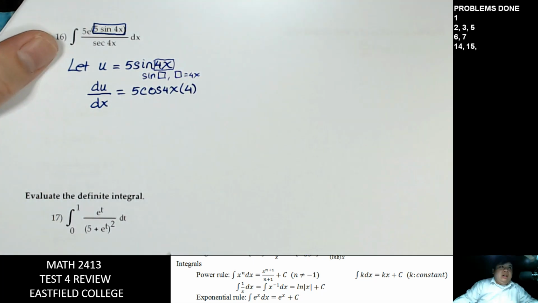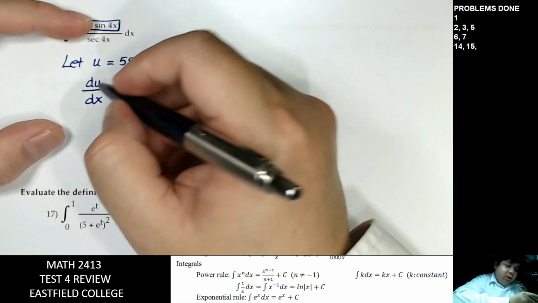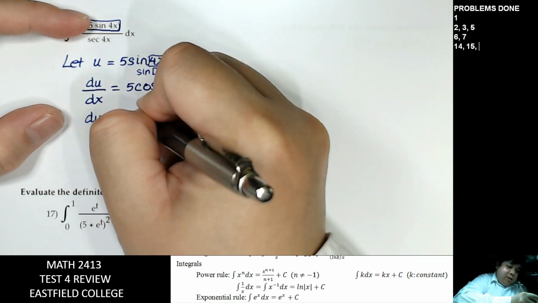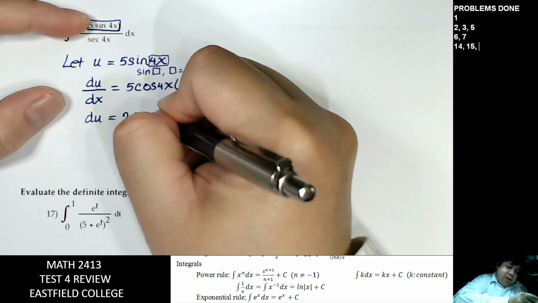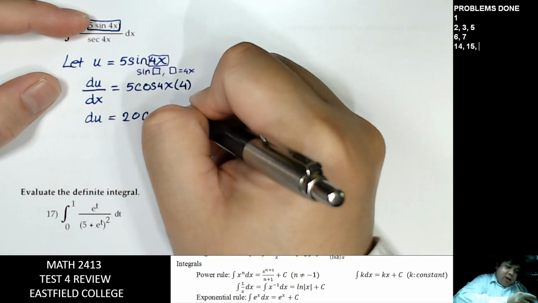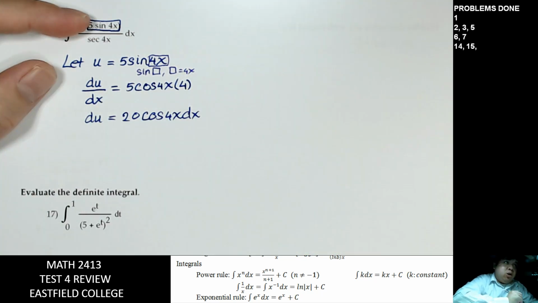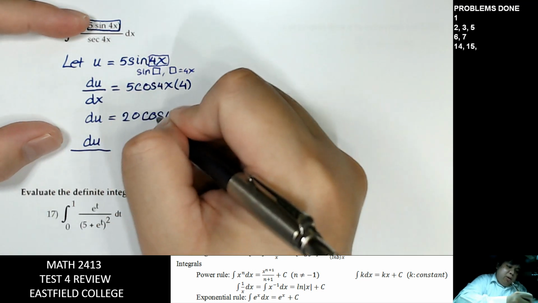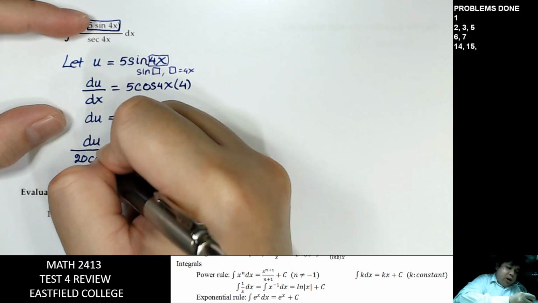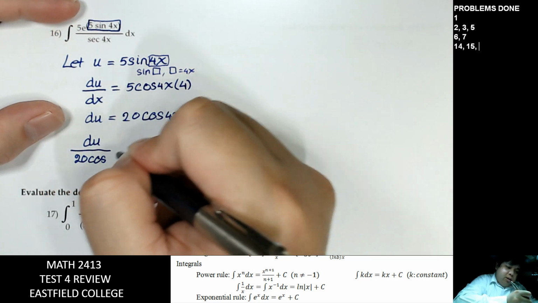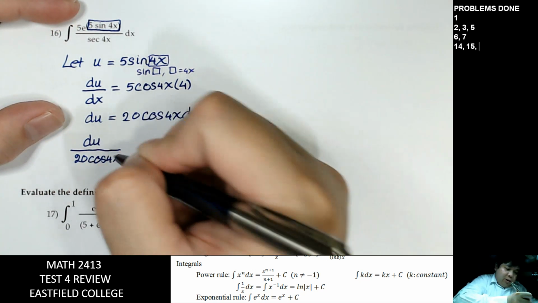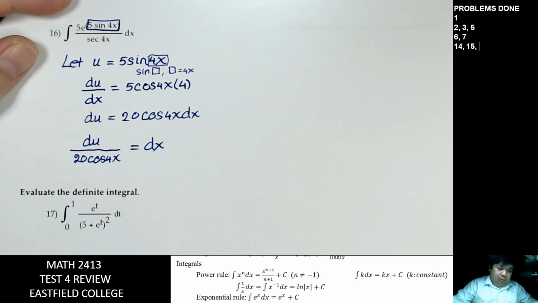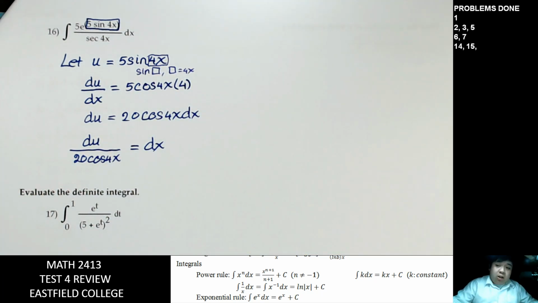Derivative is 4. So that's the chain rule. Move the dx over, we have du equals 20 cosine 4x dx, and divide by the dx over. So divide by the 20 cosine 4x equal to dx. Right, so that is good.